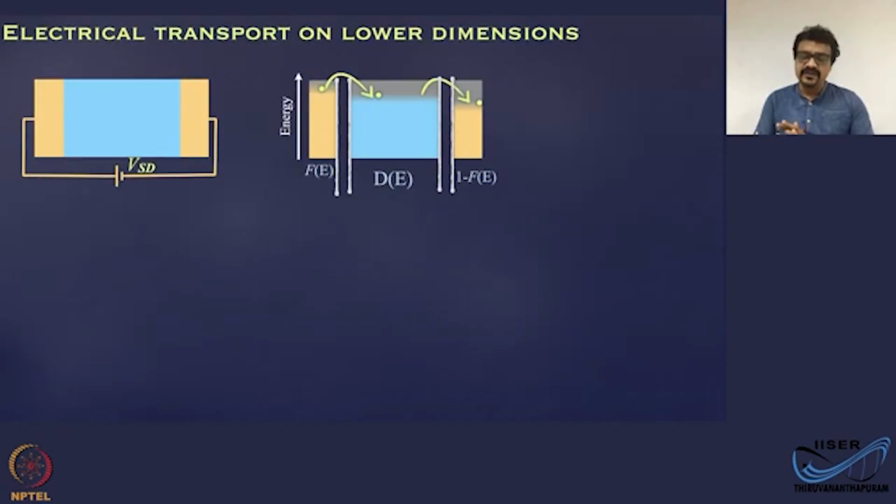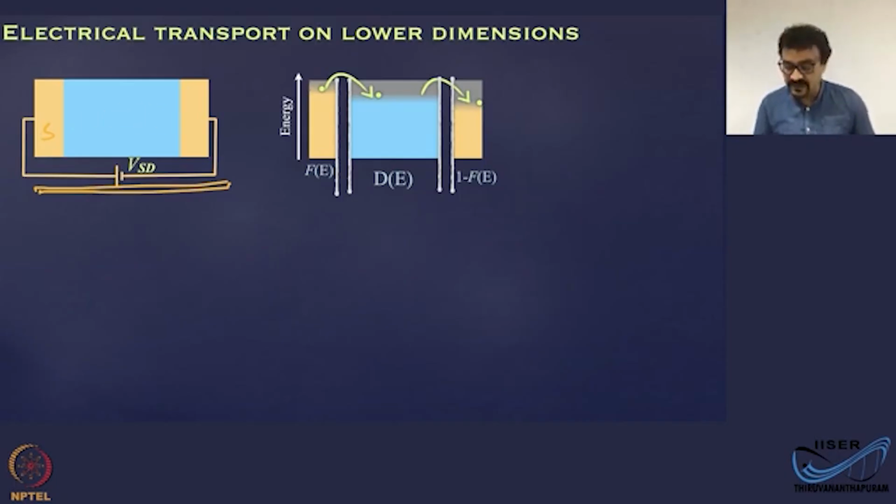Now we have gone through the basic elements of transport, and let me summarize the things we discussed. This is our candidate system for transport, where we have source and drain. There is a source side, a drain side, and the material here.